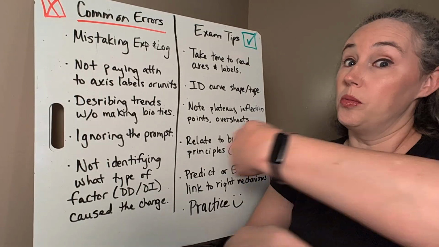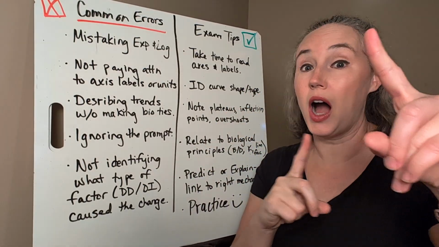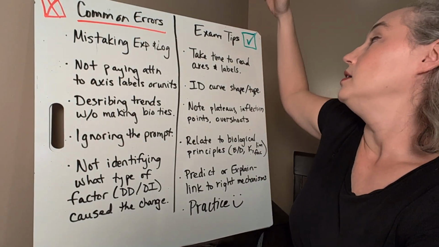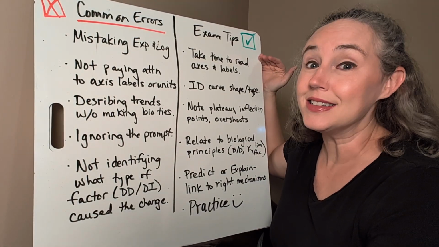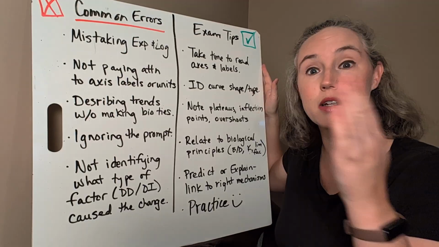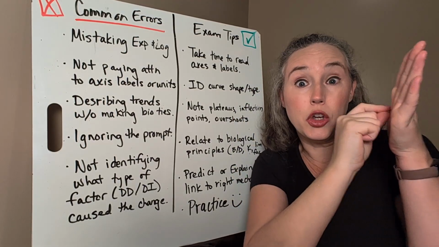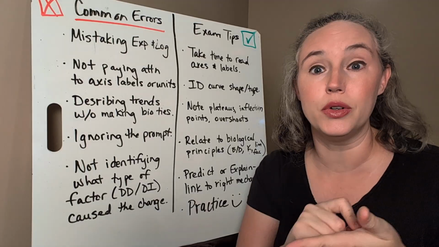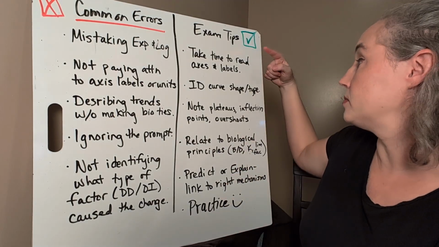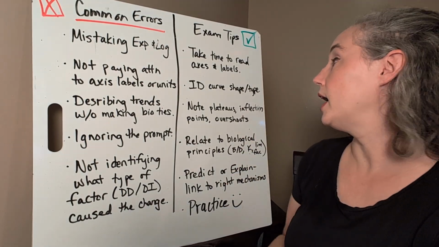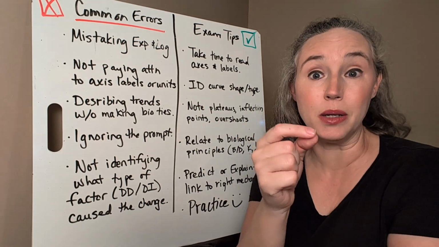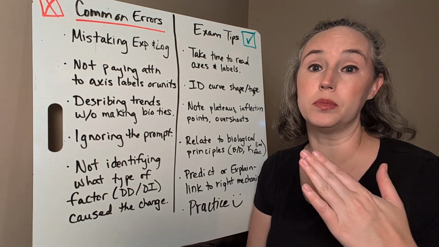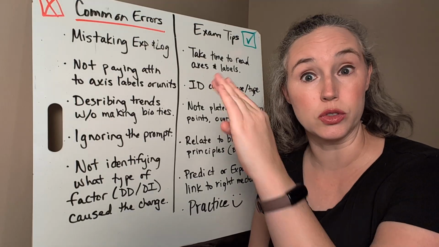So, pro tips, and the hottest one is coming to you at the end, so stick around. Take time to read the axes and the labels. That way you're sure to get the right units, because units is like a 1-point thing, ka-ching, in that FRQ grading rubric. Be sure to identify the curve shape and type. So maybe don't just say it's a J-shaped curve, say it's a J-shaped exponential curve.